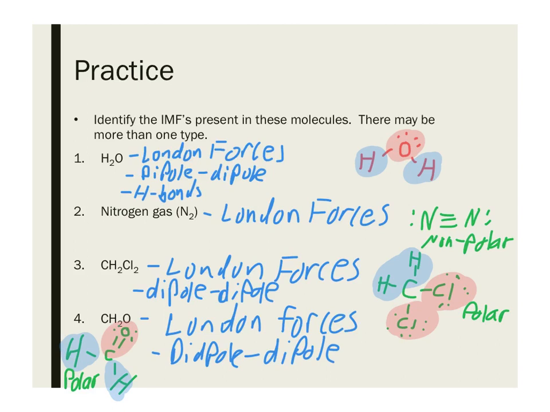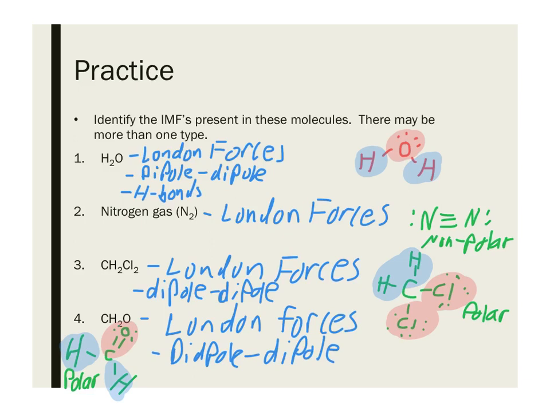Right? That is it on these IMFs. The thing you mainly do is go in, take a look at a molecule, figure out what IMFs are in it. Every molecule has the London dispersion forces. Every single one, always London dispersion forces. Every polar molecule has dipole.